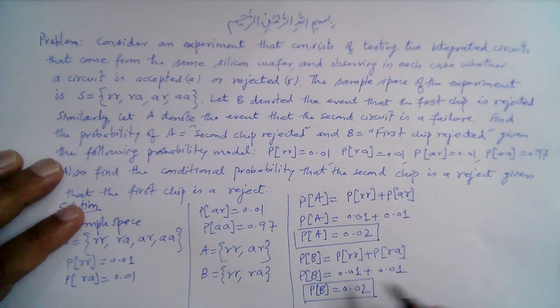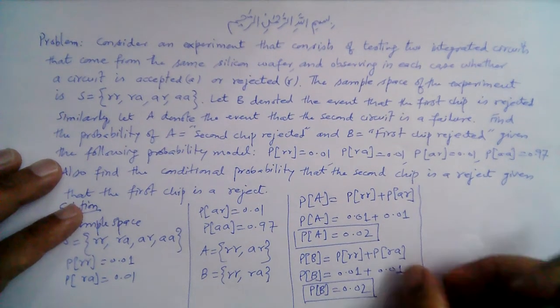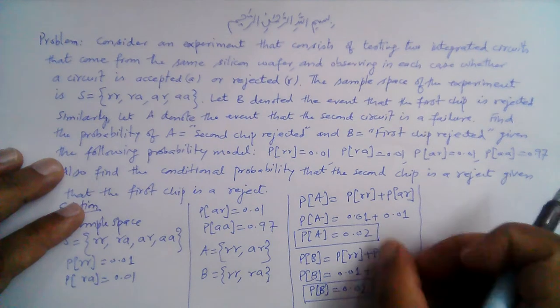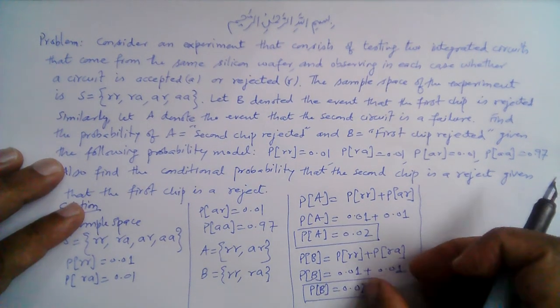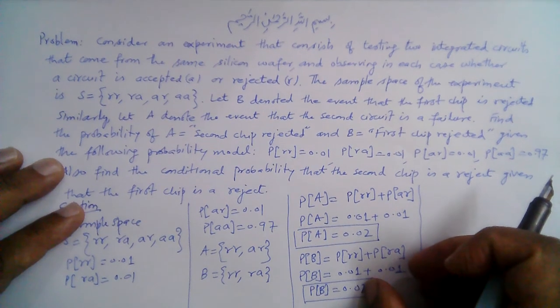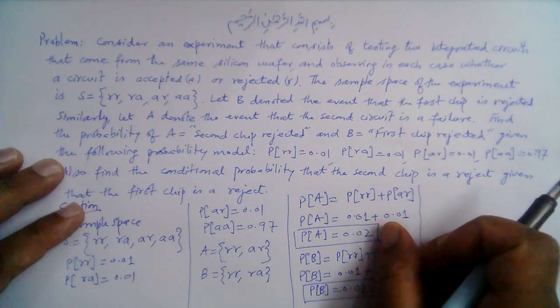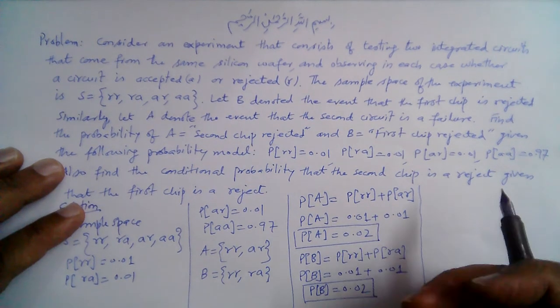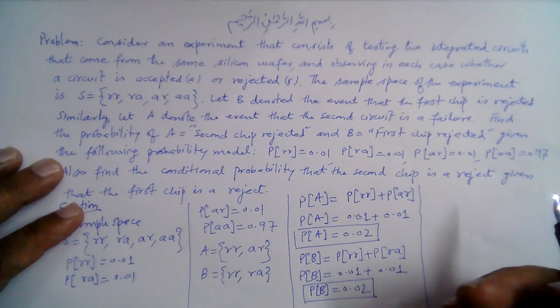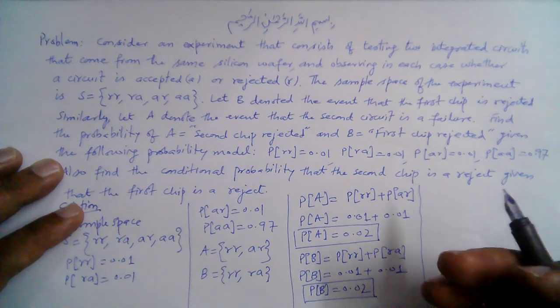So this is again a prior probability. So the prior probability for both these events is the same. The probability that the first chip gets rejected is 0.02, and the probability that the second chip gets rejected, the prior probability, is 0.02. In both cases, the probability of this event is the same.